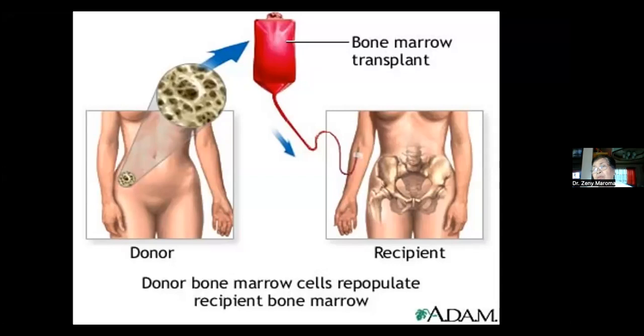Okay? Kung blood transfusion, ang binibigay natin ay mature cells na agad yun, di ba? Tataas na kaagad ang kanilang RBC, WBC, and platelets. Si patient, it takes time, about weeks hanggang sa isang buwan.